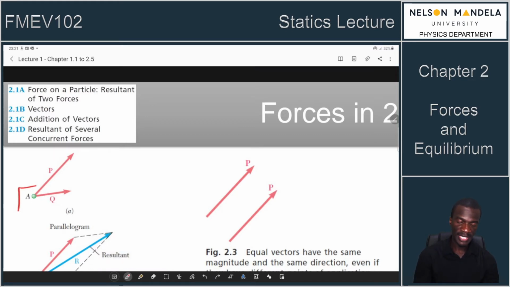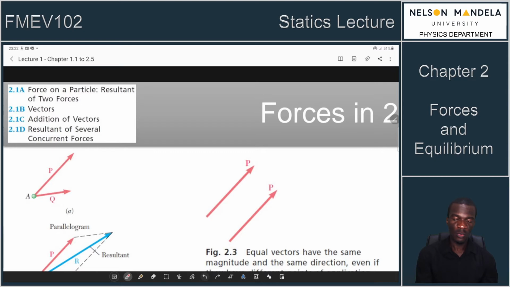If we have a point A at which a force labeled P is acting, and at the same point another force labeled Q is acting. These two forces produce a certain effect. Q drags the object in that direction. P drags the object slightly upwards in the other direction.